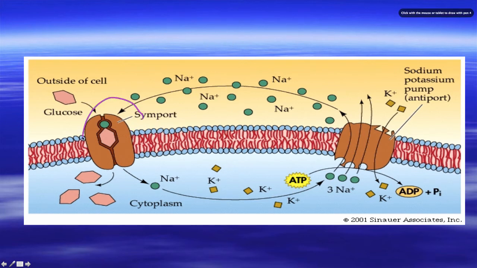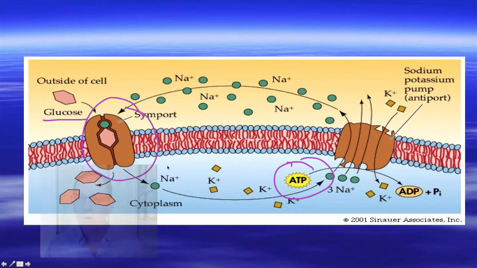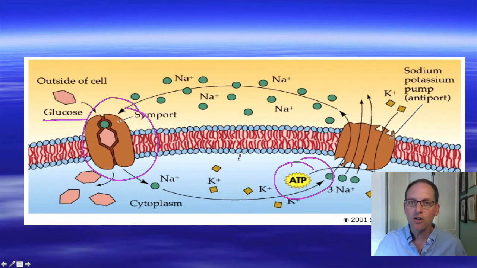So over here this represents the sugar pump, and here we have a molecule of glucose. And what happens is the body will use energy, that's this stuff here, ATP, to pump in that sugar, which normally would go the other way. So it's using energy to bring in nutrients.